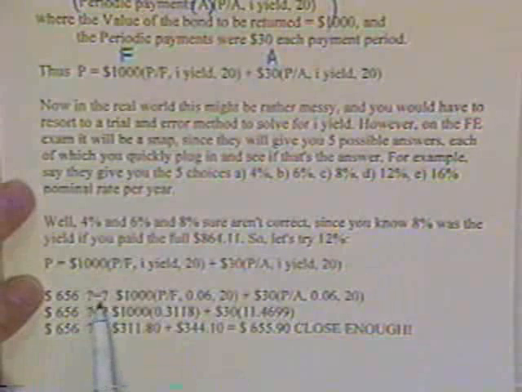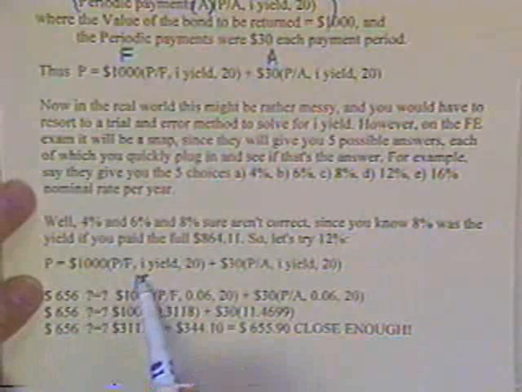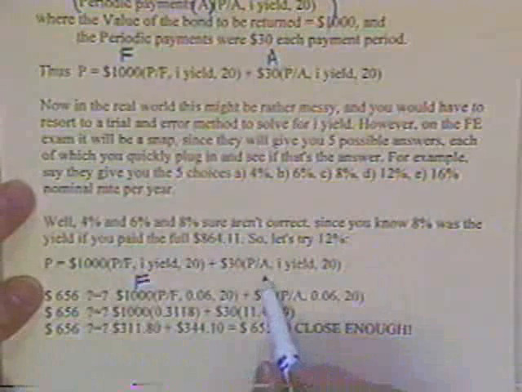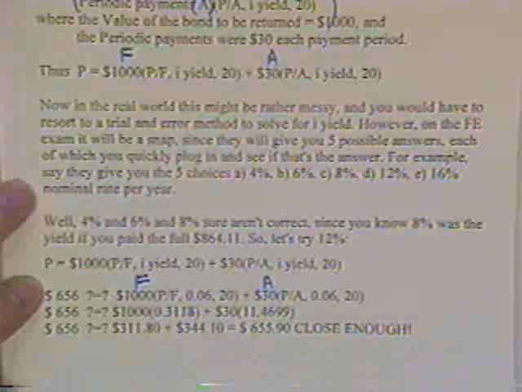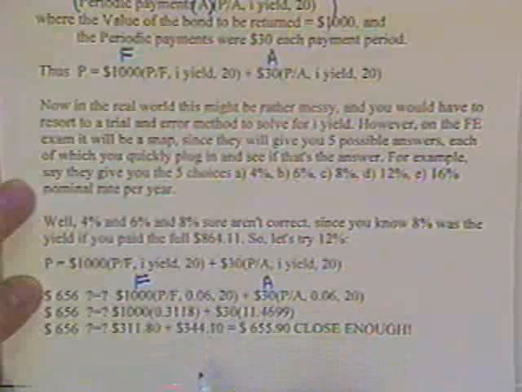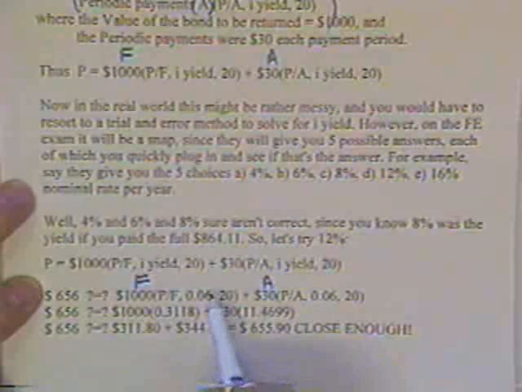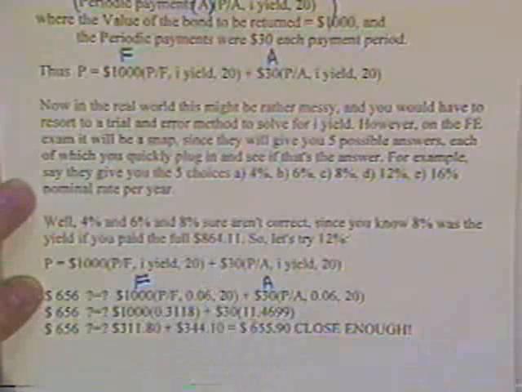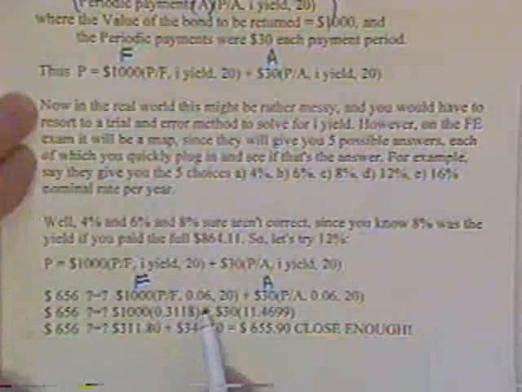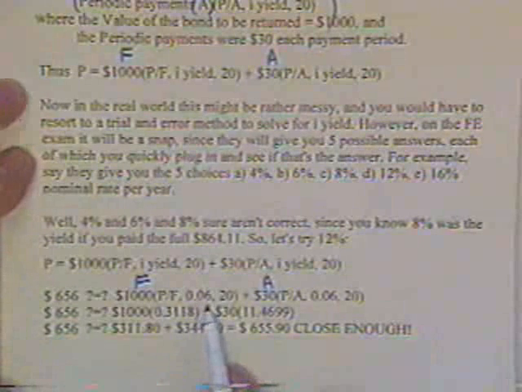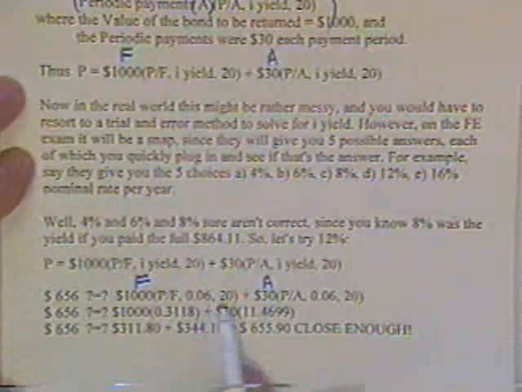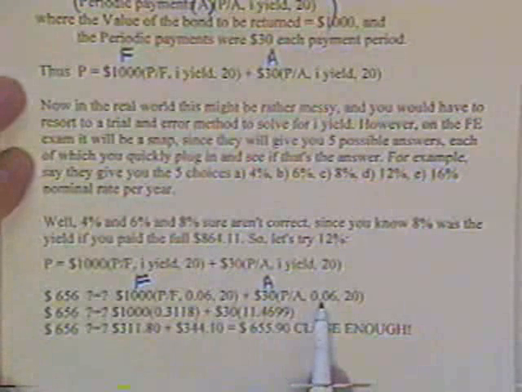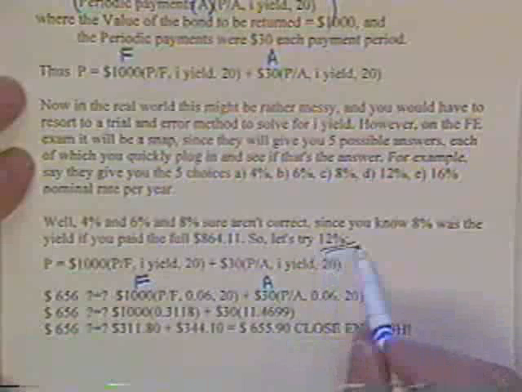The question is that equal to $1,000 paid to you in the future and $30 paid to you semi-annually at a 6% rate? A 6% rate. Wait a minute, where's 6%? I thought we were trying 12% here. Ooh, that's right. We are trying 12%.